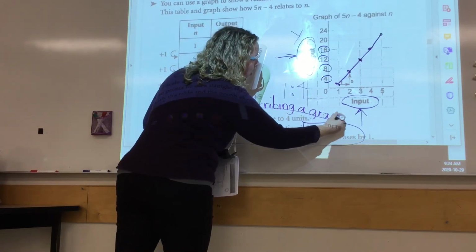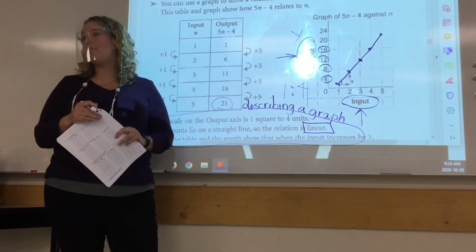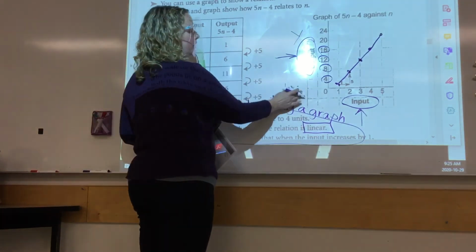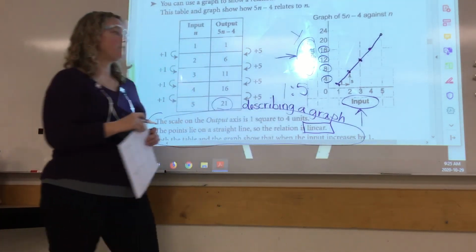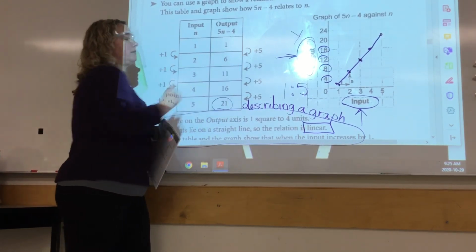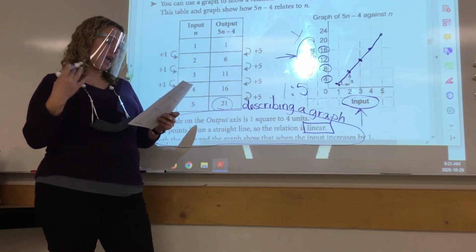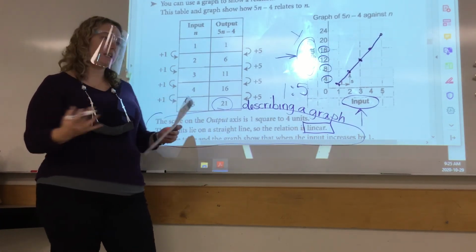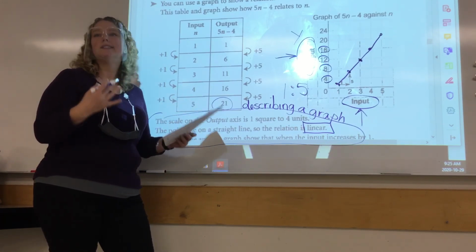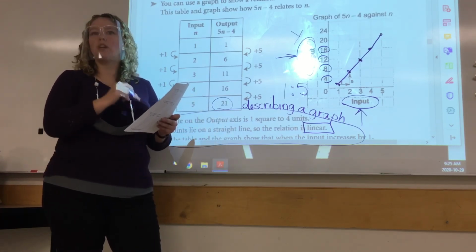This is a great example, and when they say describe your graph, what does it look like? How is it going up? What is your scale? Actually, that's 1 to 5, sorry, not 1 to 4, because it's going up by 5. And is it a straight line? Is it linear? So this is a great way to describe graphs. When they ask you to describe your graph, don't say I used a ruler, it's done in pencil. This is what you're looking at.